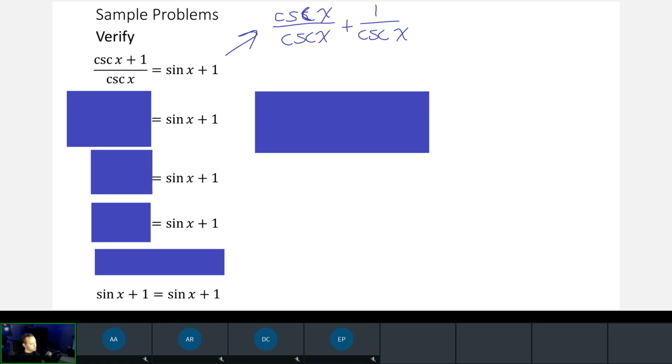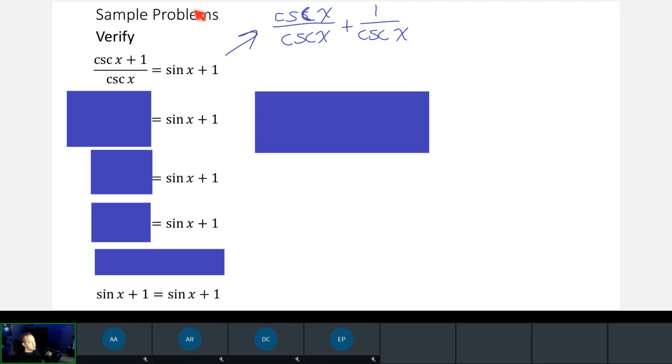And I hope everyone understands how I separated those fractions. Going backwards, remember, if you have the same denominators and you're adding fractions, you write it over a single denominator and you just add the tops. Cosecant of x plus 1 is equal to what we started with. We almost never go from this form back to being separated until now, right? It looks kind of weird seeing it done backwards like that, but that's how you do it.